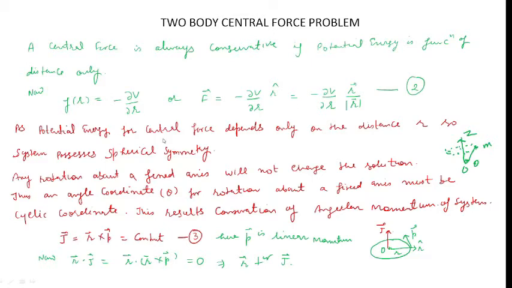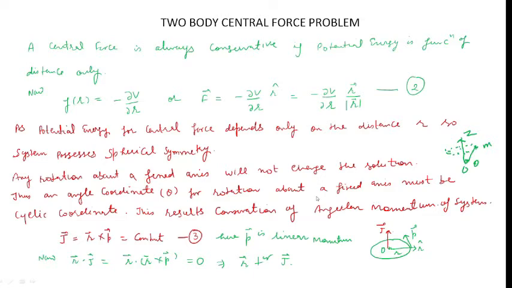Now if potential energy depends upon the distance, then the system possesses spherical symmetry, and any rotation about a fixed axis will not change the solution. Thus we can say that the angle theta about a fixed axis will be a cyclic coordinate, and this results in the conservation of the angular momentum of the system.